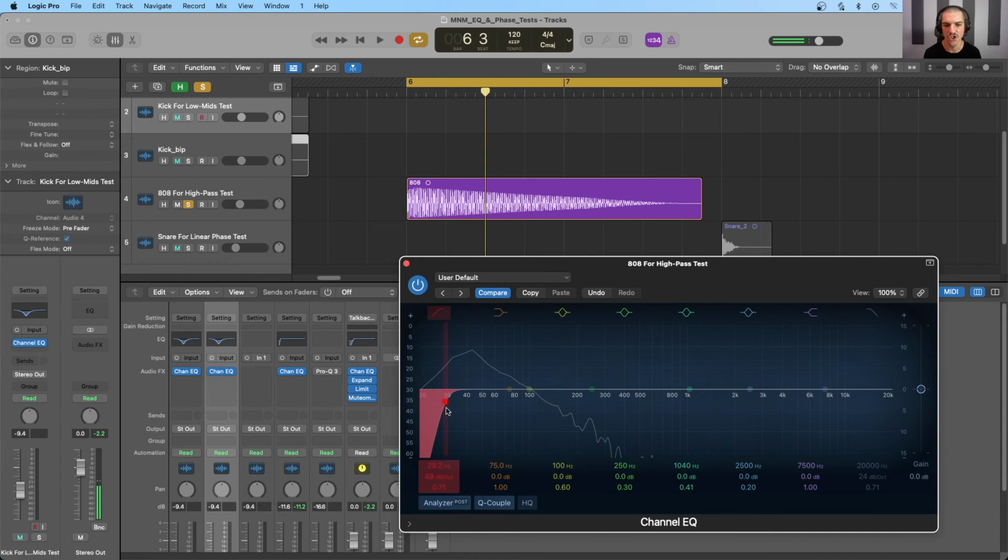So we have a pretty sharp roll-off below the fundamental, so we're still getting the big, powerful boom of this 808. However, we are going to be eliminating, or at least attempting to eliminate, all of the audio below about 29.2 hertz as a way to get rid of anything that, one, we can't hear, and two, is just low-end noise. So let's A/B this EQ and listen to the 808 in solo.